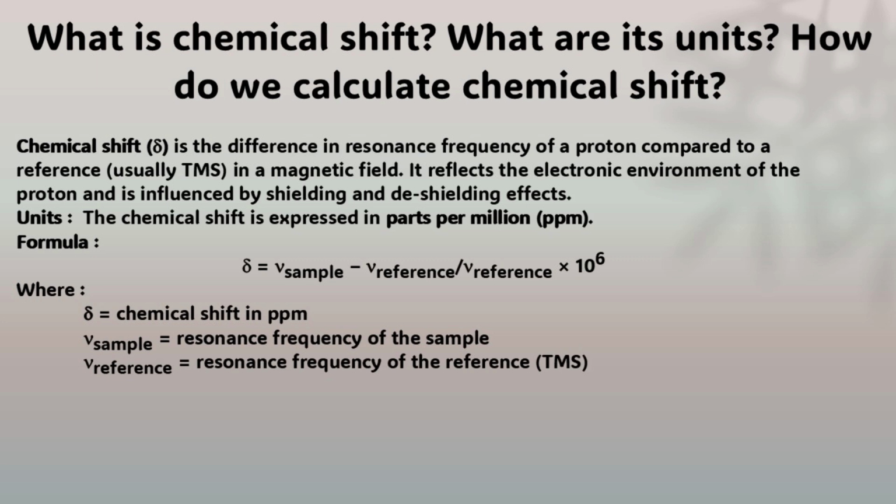Where delta is equal to chemical shift in ppm, nu sample is equal to resonance frequency of the sample, and nu reference is equal to resonance frequency of the reference, TMS.